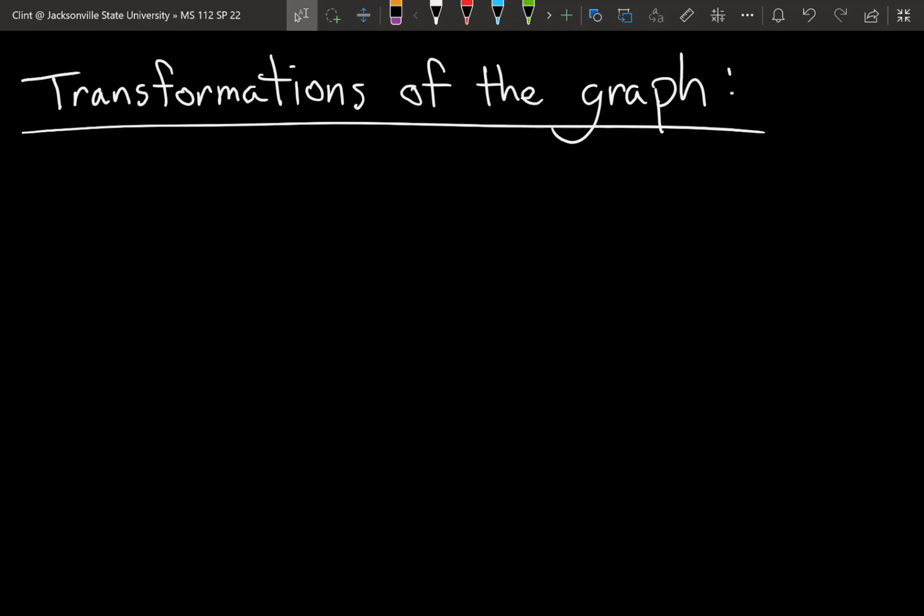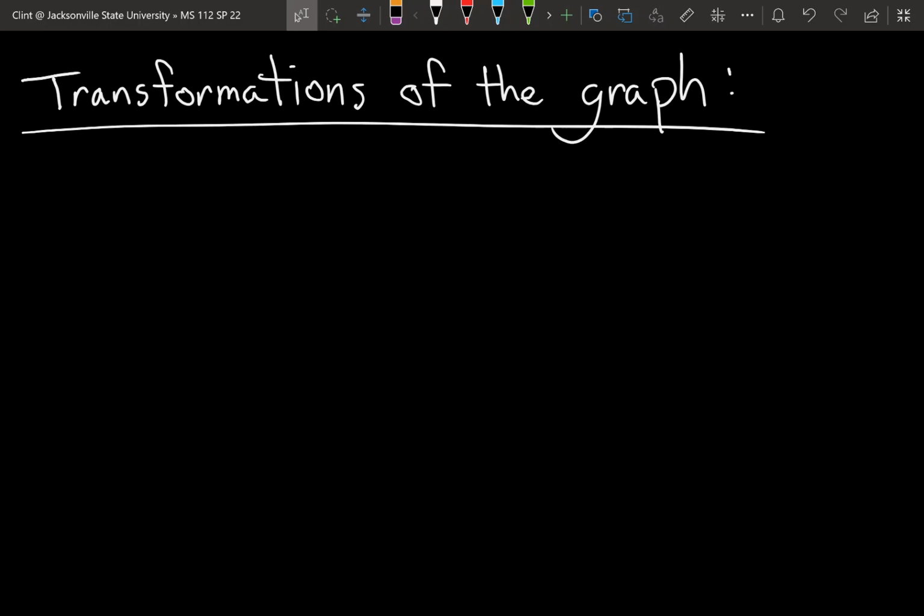So remember, we got horizontal shifts, vertical shifts, x-axis and y-axis reflections, and that's all we're going to be worried about. We're not going to worry about stretching and shrinking with these. Stretching and shrinking works exactly the same way. It just looks weird with exponentials.